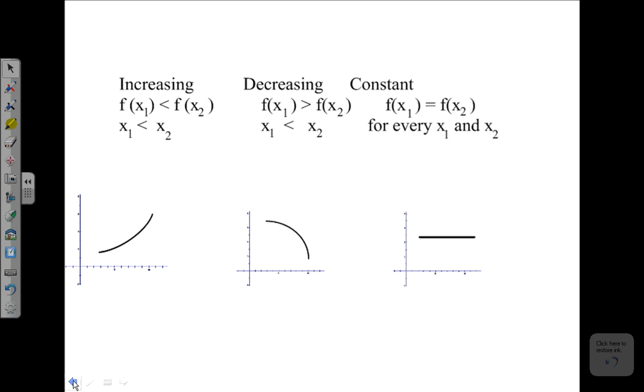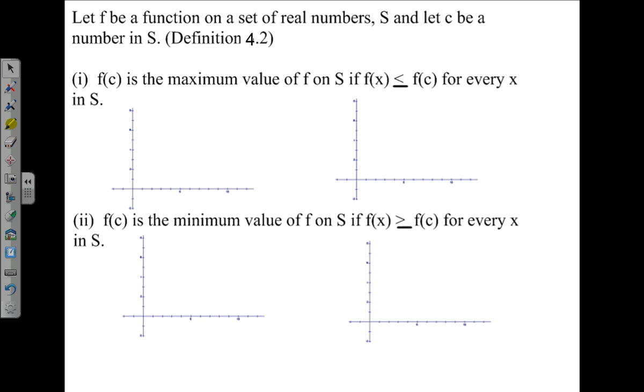There we go. So, let f be a function of real numbers S. Let c be a point in S, definition 4.2. What is definition 4.2? I'm going to ask Matthew Heyman to read it.